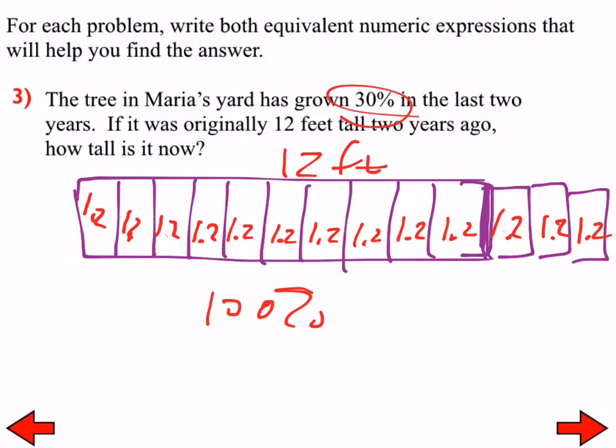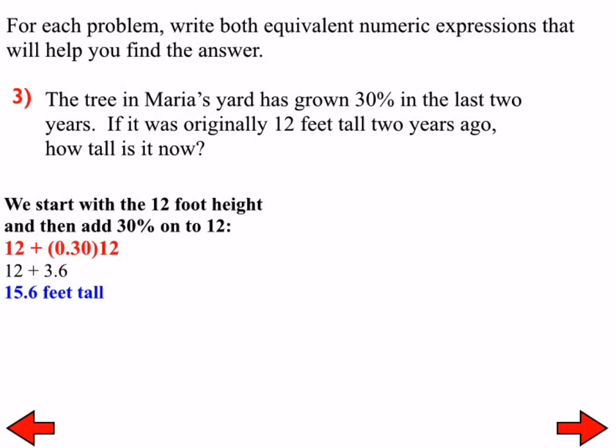So I'm going to go about this the same exact way that I did in the other two. I'm going to take the tape diagram off here now. And one way would be to think about it in terms of adding 30% on. So that would be 12 plus 30% of another 12. And that's where we got that 3.6, those 3 1.2s at the end. That's one way of thinking about it.